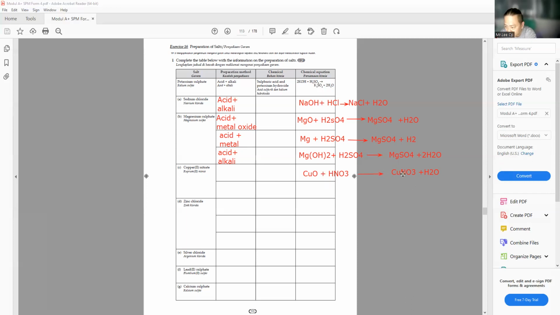All right, Cu got one, Cu got one. NO3 got one, NO3 got one, balanced. H got one, H got one. O got one, O got one, not balanced. All right, not balanced means this one got something wrong. What's wrong? This one is Cu(NO3)2.